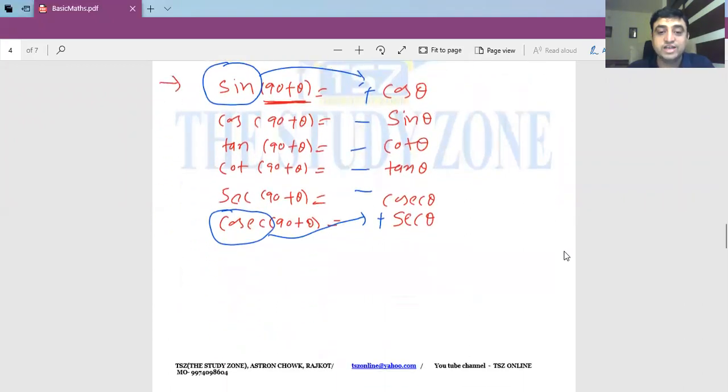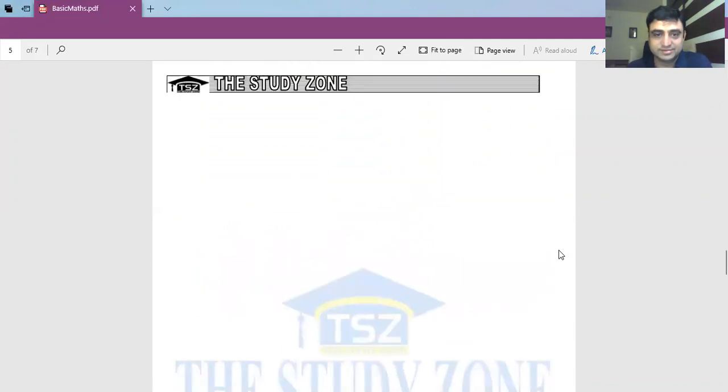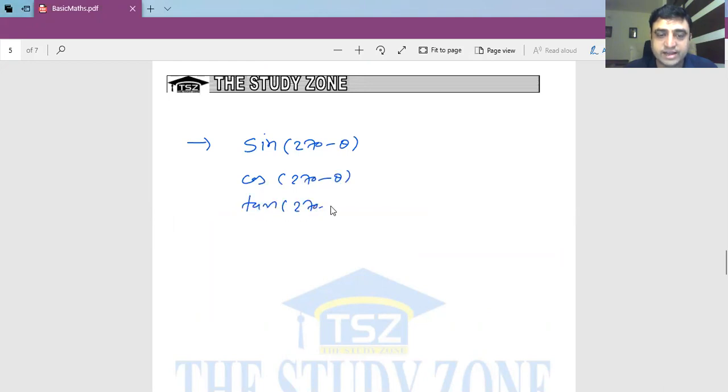Now it is the turn of the third quadrant: sine 270 minus theta, cos 270 minus theta, tan 270 minus theta, cot 270 minus theta, sec 270 minus theta, and cosec 270 minus theta.